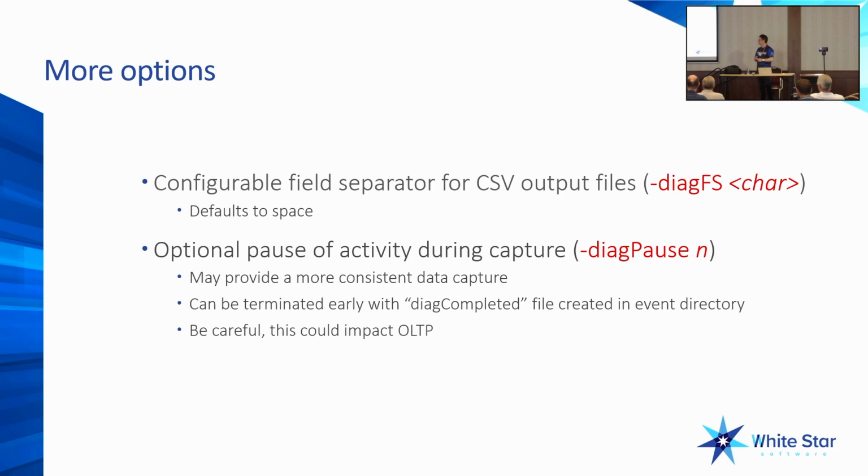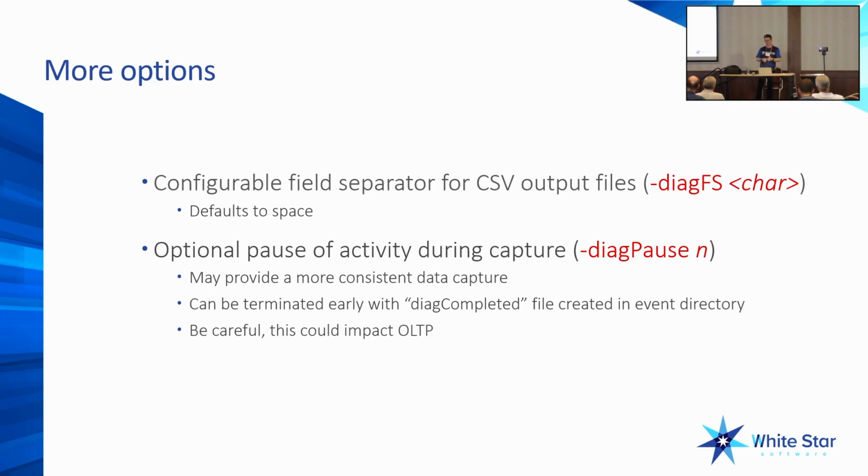There's a diagpause parameter, and what that says is you specify a value, a number, and when the event fires, the activity in the database will be paused for that number of seconds.